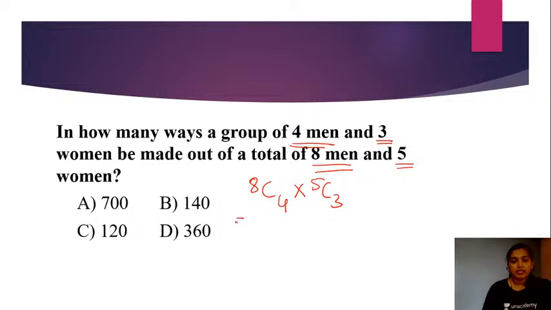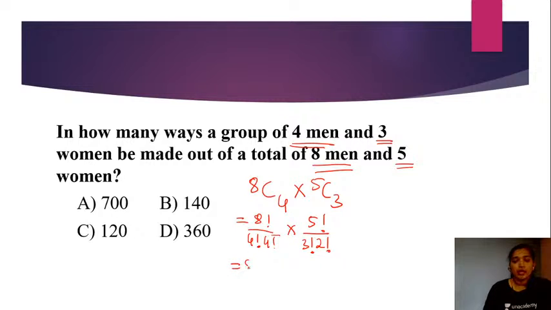Yes, 8C4 is 8 factorial divided by 4 factorial into 8 minus 4 factorial, which is 4 factorial, into 5C3, which is 5 factorial divided by 3 factorial into 5 minus 3 factorial, which is 2 factorial. So calculate this value, students.